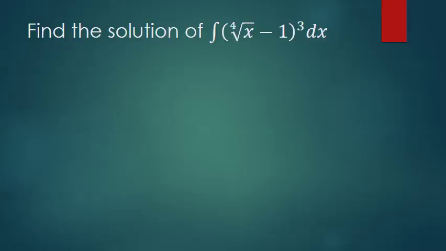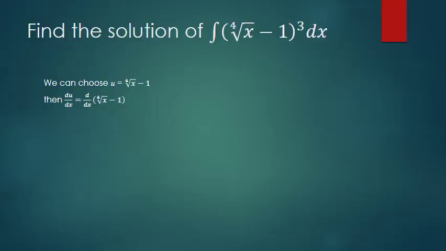Let's apply the same technique to find the solution of the integral of the cubic binomial of the fourth root of x minus 1. So let's define u as the binomial, the fourth root of x minus 1. We need to find the derivative of u in order to define dx.